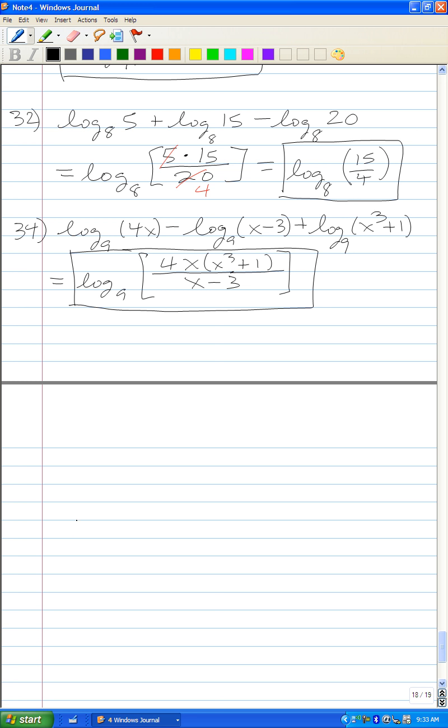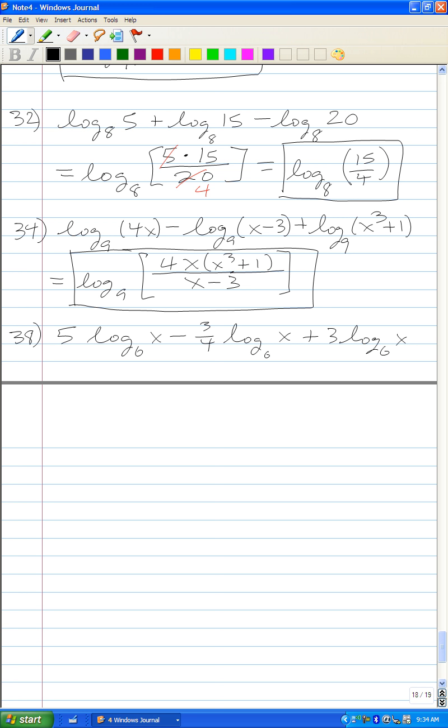Let me do problem 38. 5 log base 6 of x minus 3/4 log base 6 of x plus 3 log base 6 of x. They're all log base 6 of x's.